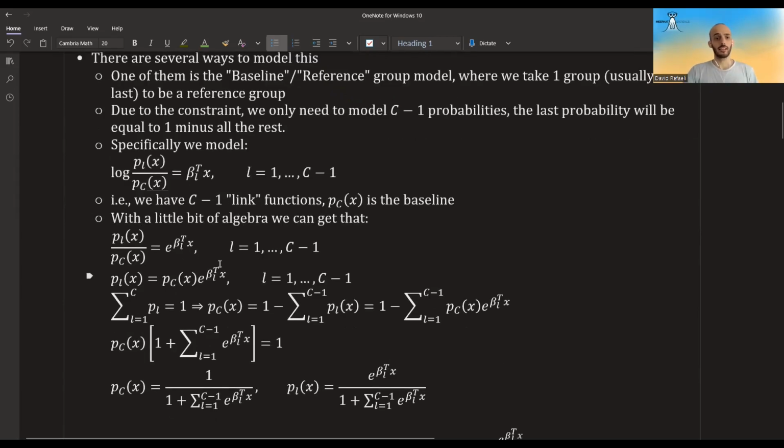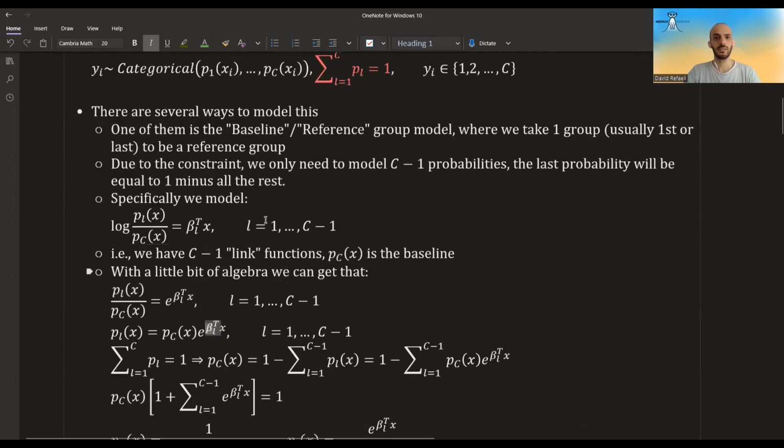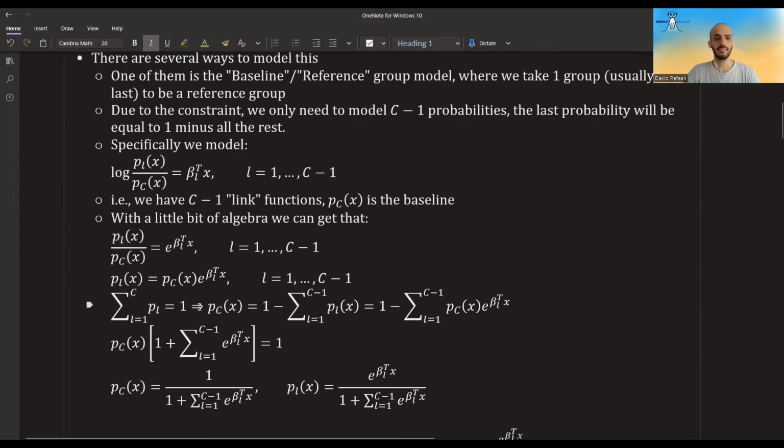And with a little bit of algebra, we can take the exponent of both sides and get this. We can multiply by the denominator to get this. We can use this constraint, the identity, to get this, and then just take the last class to be 1 minus all the rest.